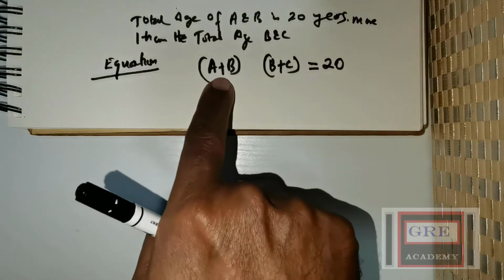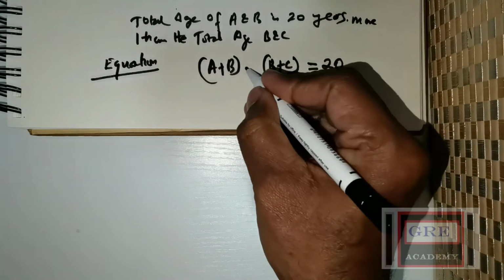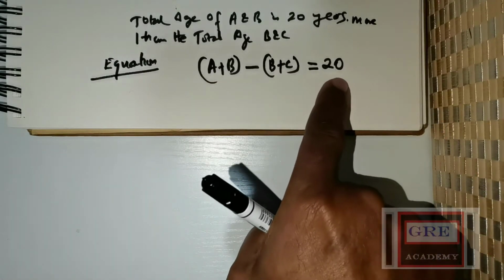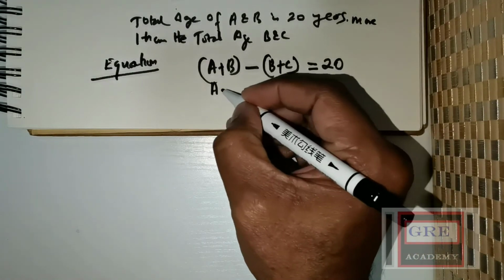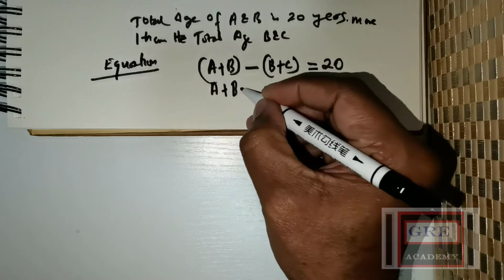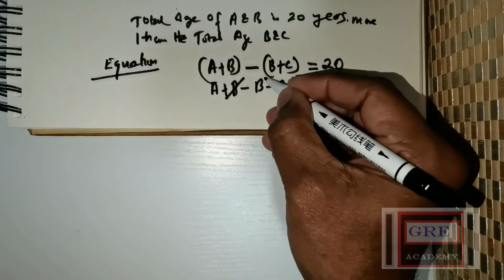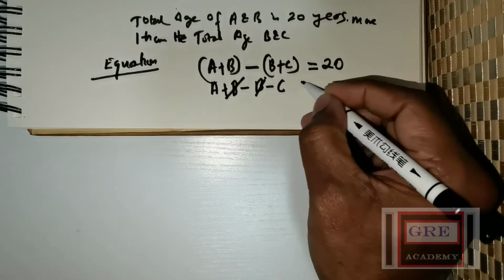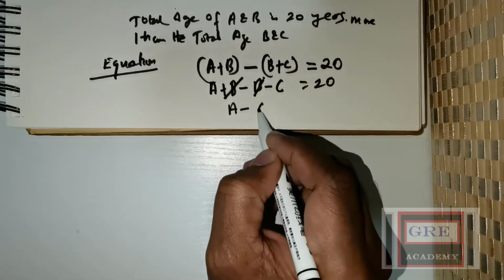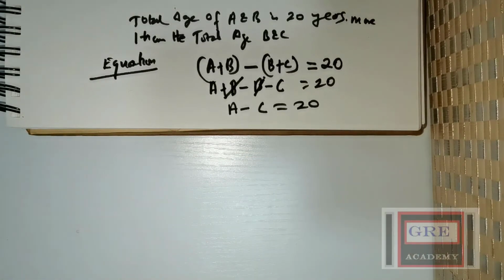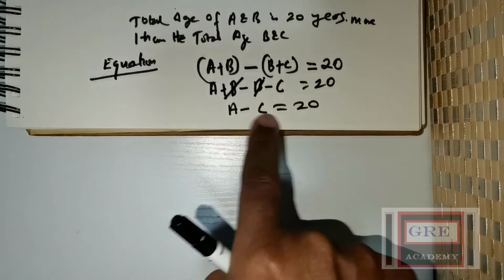In other words, the difference of the total age of A plus B and B plus C should be equated to 20. Okay, that should be the equation. So if I were to remove the parenthesis, it's going to be A plus B, minus B, minus C. Now positive B and negative B can be cancelled, thereby leaving me with A minus C is equal to 20. So clearly the difference between the age of A and C is 20.